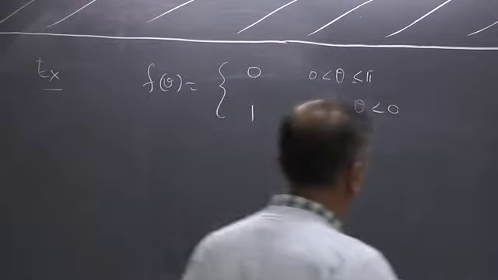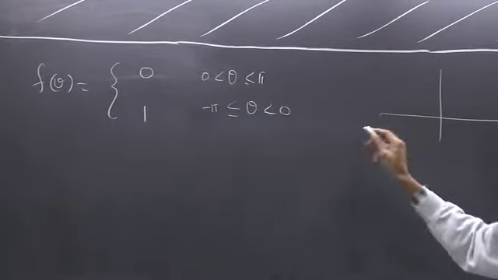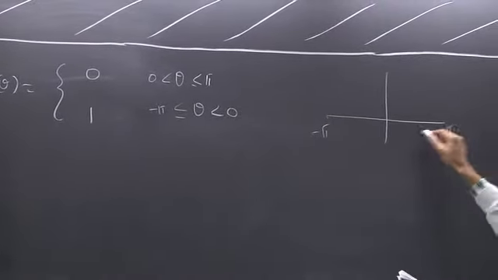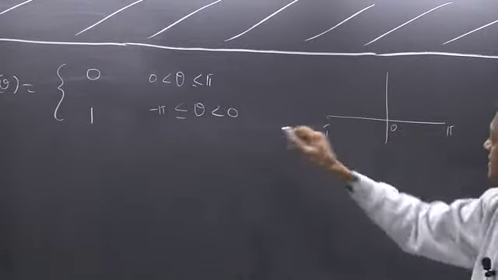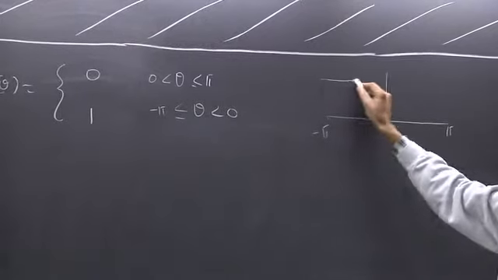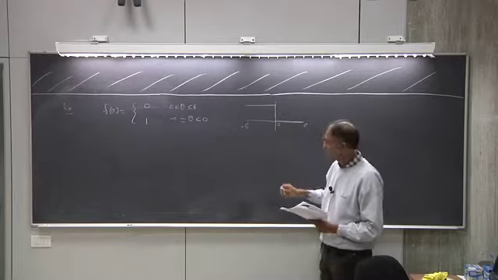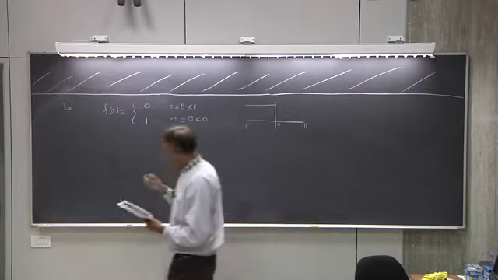If you try to plot it between minus pi and pi, here is 0. In this region f is 1, and there it is 0. So f looks like a step function, and we worked out the Fourier series of this.